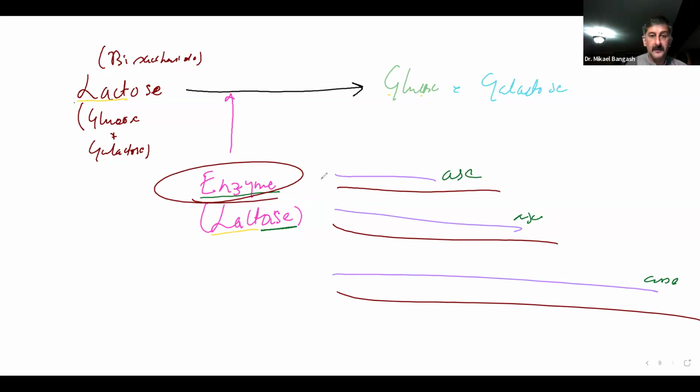So a substance whose name ends with the suffix "-in" is a protein. A substance whose name ends with "-ose" is most likely a sugar or carbohydrate.